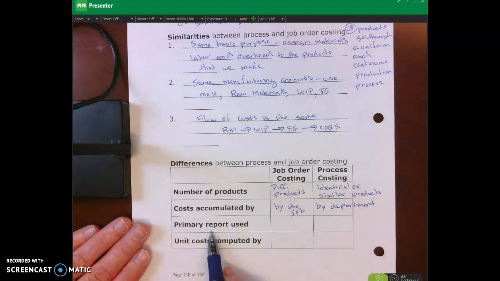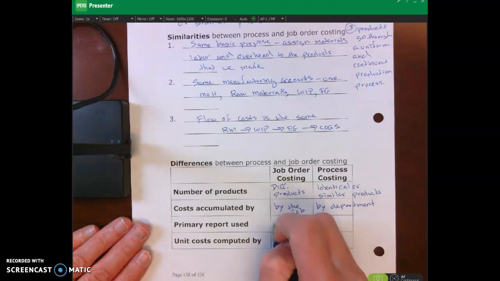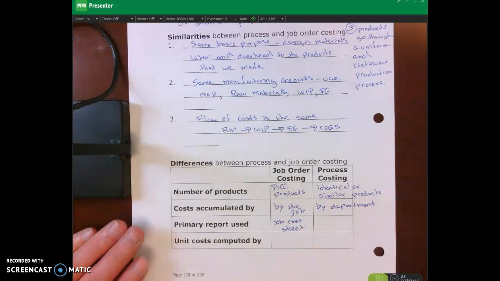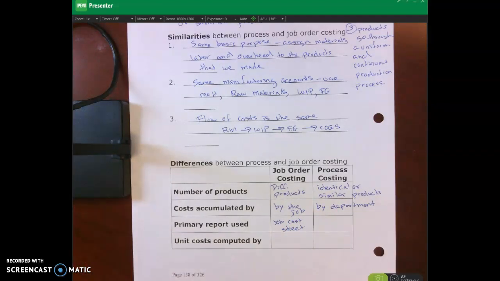In terms of the report that's used for job order costing and for process costing over here, we have our job cost sheet for job order costing. Remember, the job cost sheet shows at the summary level our total materials, total labor, and total overhead for a job.